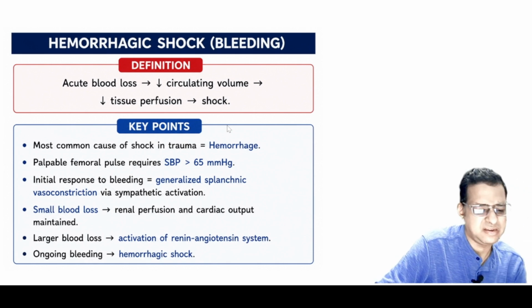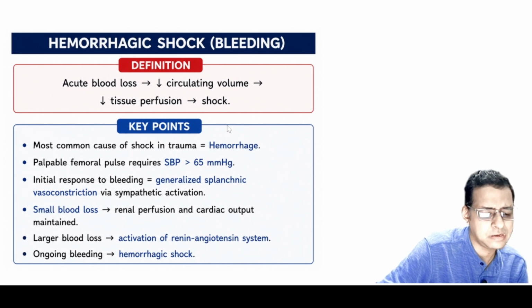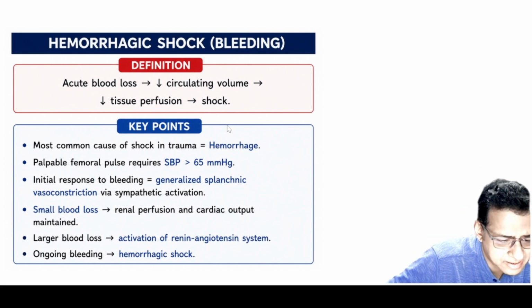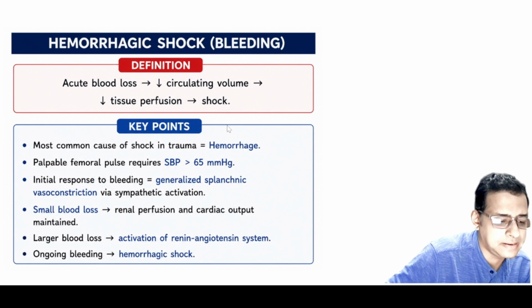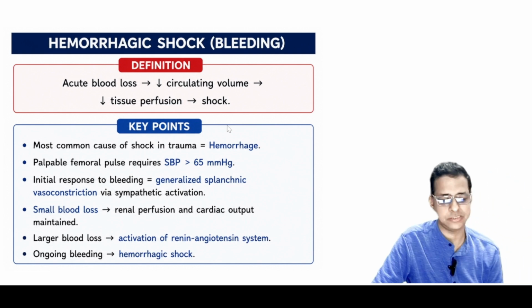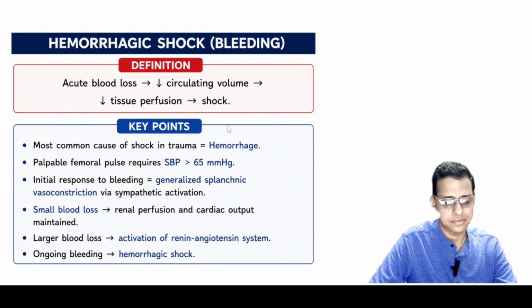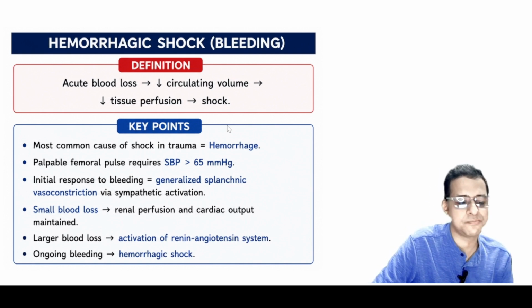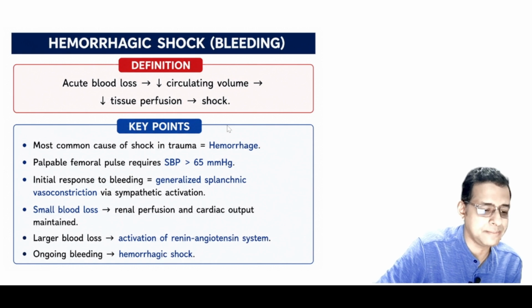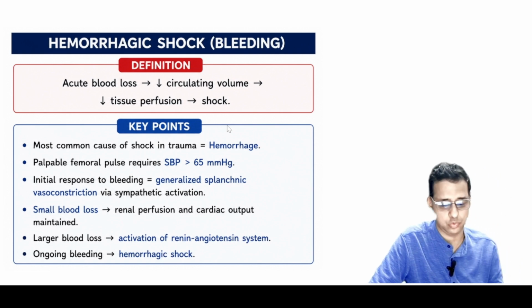Small blood loss means renal perfusion and cardiac output are maintained, and larger blood loss is due to activation of the renin angiotensin system. Ongoing bleeding is actually hemorrhagic shock. This is the thing you have to remember. From the surgical aspect, they may ask you about primary hemorrhage and secondary hemorrhage, so they may ask you the basic definition, and you have to know it.